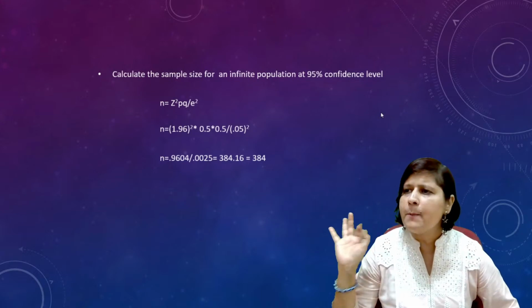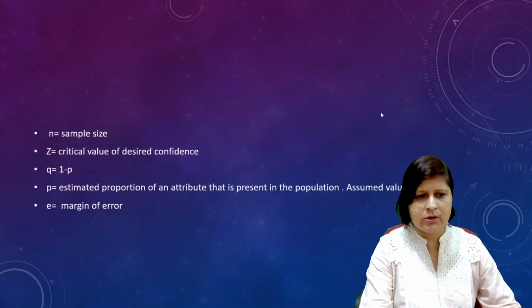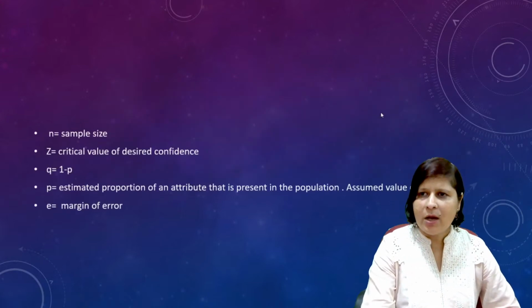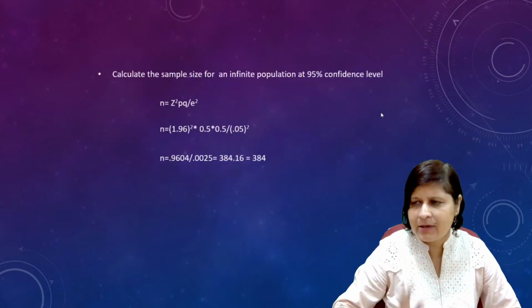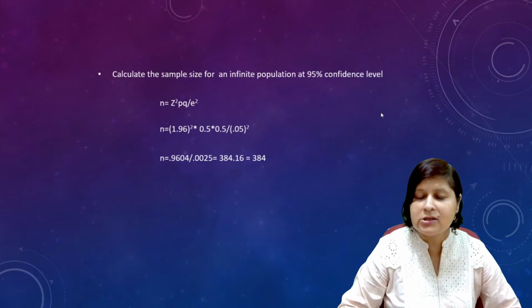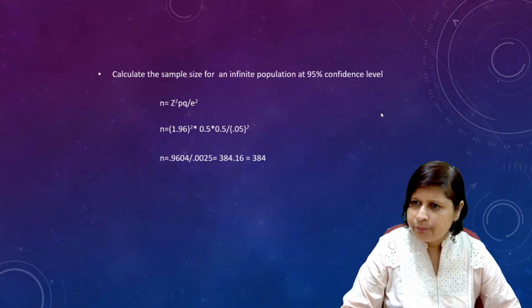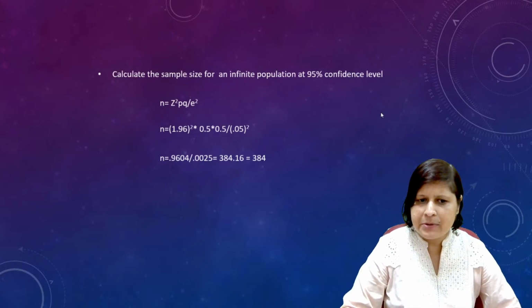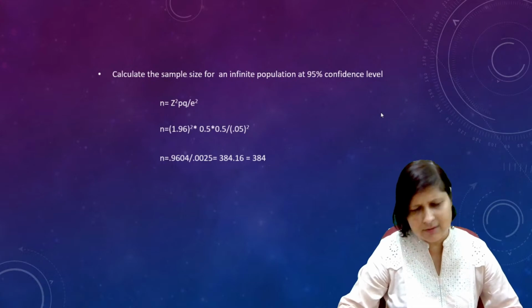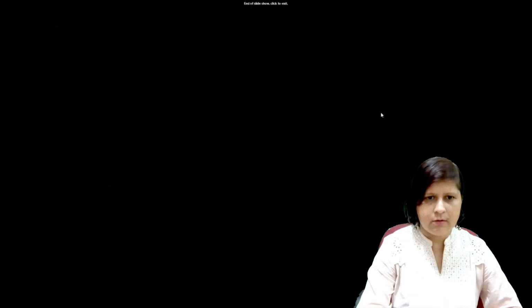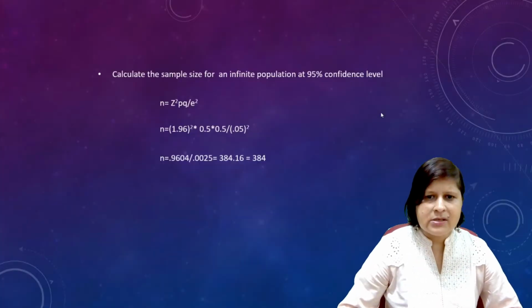Q is 1 minus P. As it was defined here, Q is 1 minus P and the assumed value of P is 0.5. So 0.5 multiplied by 0.5, and the margin of error is 0.05 because it is at a 95% confidence level. When we solve this equation, it comes out to be 384.16, or 384, right? I hope this is clear.